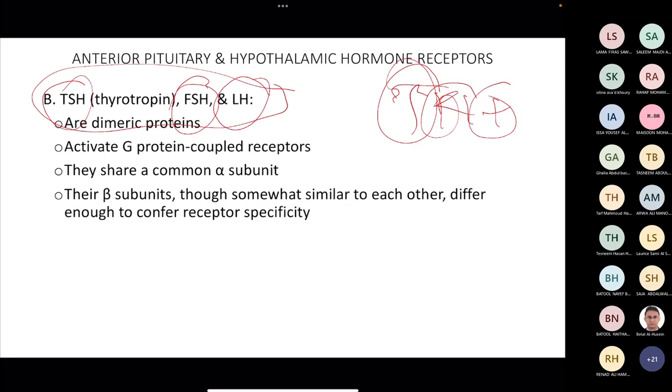A common alpha subunit, but a different beta subunit, which mediates different functions. That's why TSH has a different function than LH, and it has a different function compared to FSH. And this is also why FSH, which is a sex hormone, has a different function compared to LH, because they have a different beta subunit.